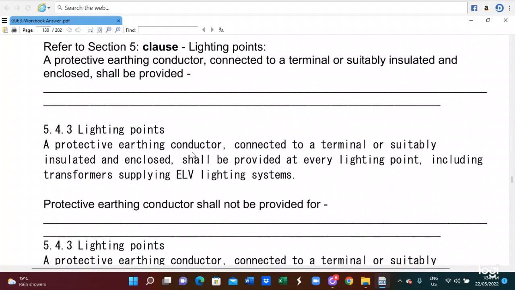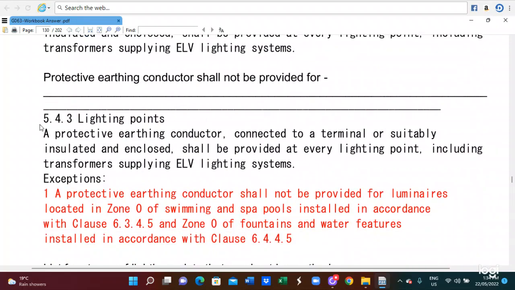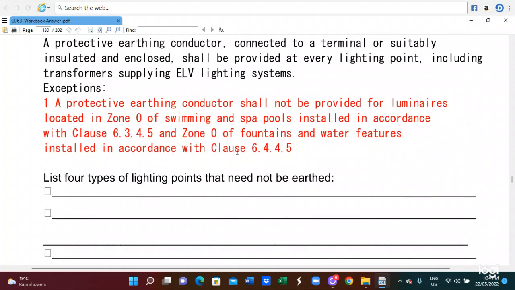And also 5.4.3 is the lighting point connection, protected earthing conductor for the lighting point. Protected earthing conductor shall not be provided for the luminaire located in zone 0 of a swimming pool installed in accordance with clause 6.3.4.5, and zone 0 of a fountain or water feature installed in accordance with clause 6.4.4.5.